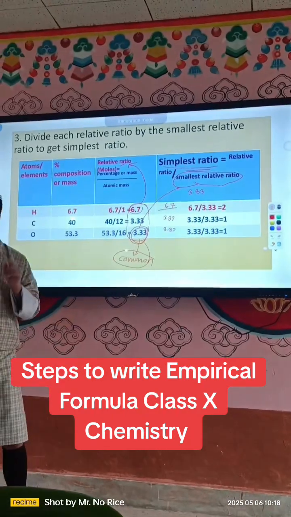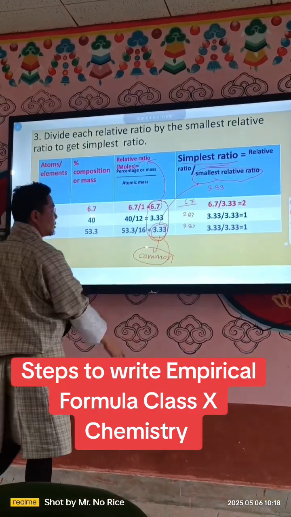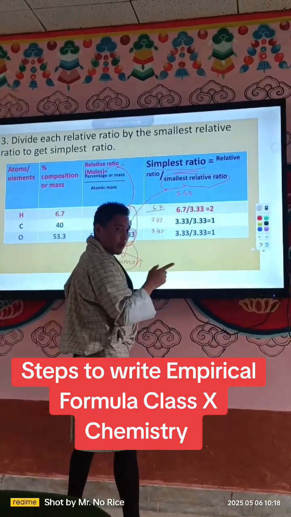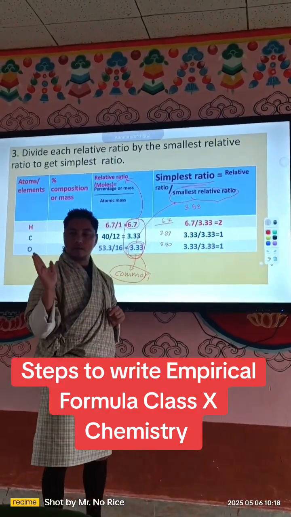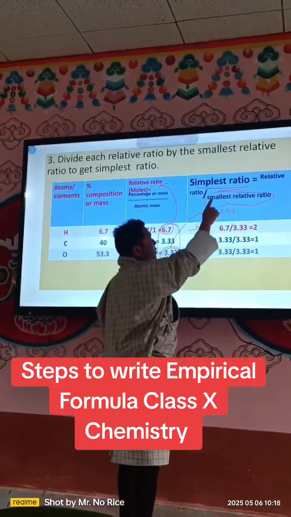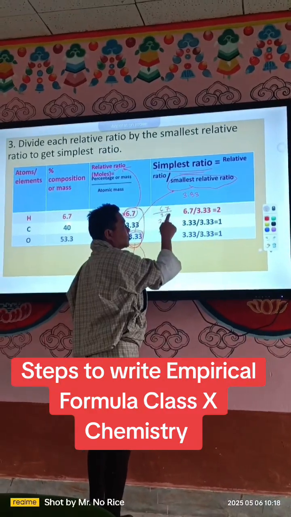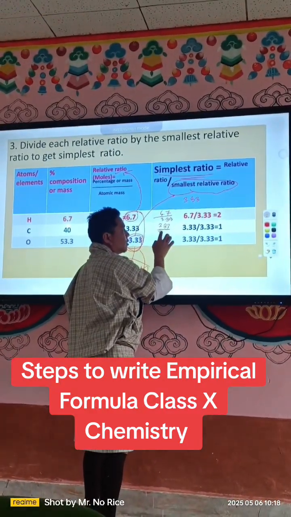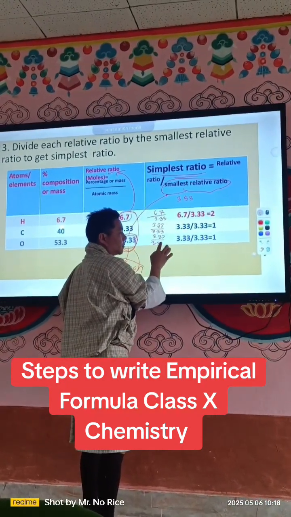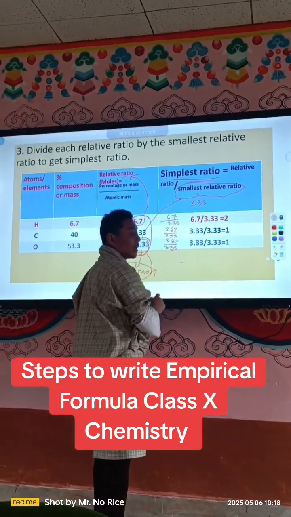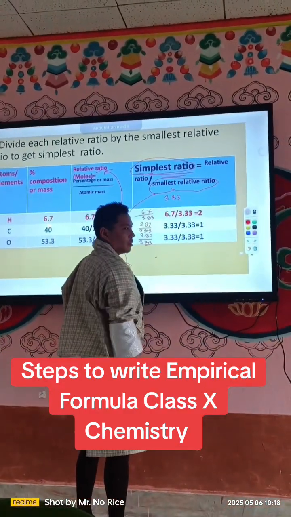So in the third step, you select the smallest relative ratio, and after you select it, you divide the respective relative ratios by the smallest relative ratio. Then you will get the simplest ratio.